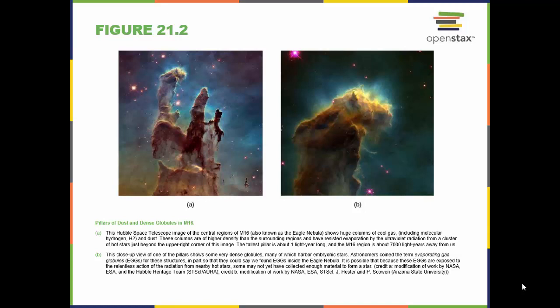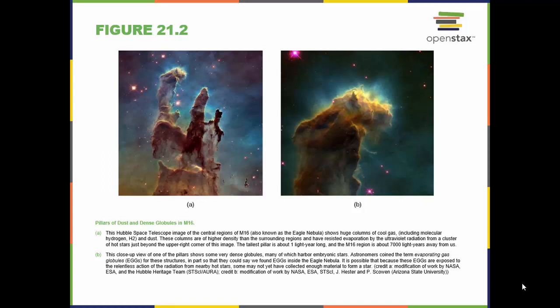In B, we see a close-up view of these pillars and some of the very dense globules. And they harbor the embryonic stars, right? So the beginning of these stars. Astronomers coined the term evaporating gas globules, or EGGs, for these structures.